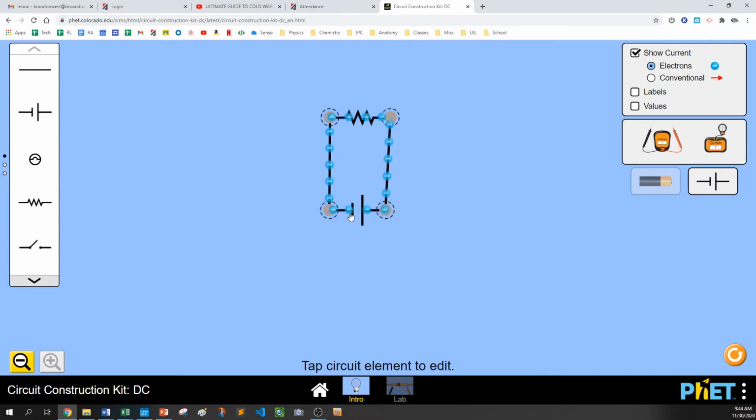Electrons are moving out of the negative or short terminal clockwise, but if I show conventional current, we notice that they move in the opposite direction. So the conventional current is depicted as coming out the positive terminal, whereas the actual electrons are moving in the opposite direction.